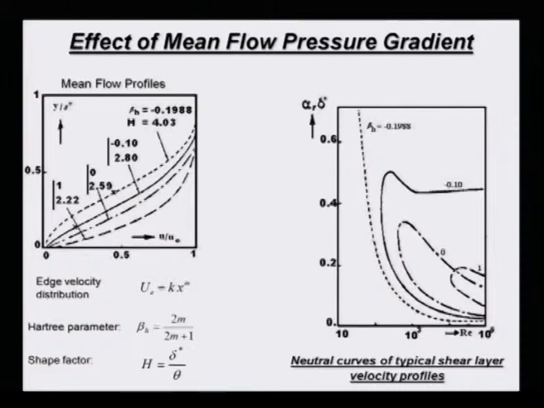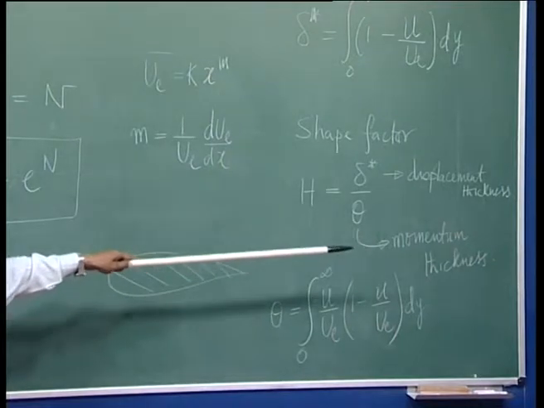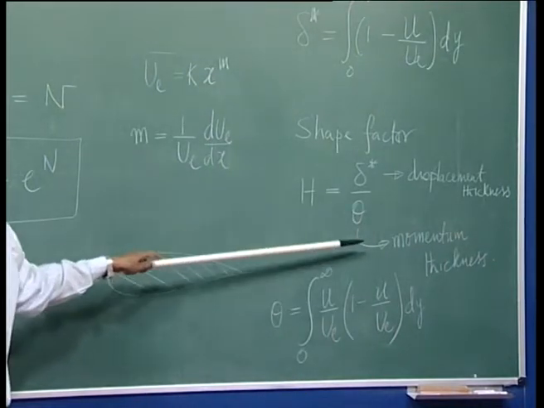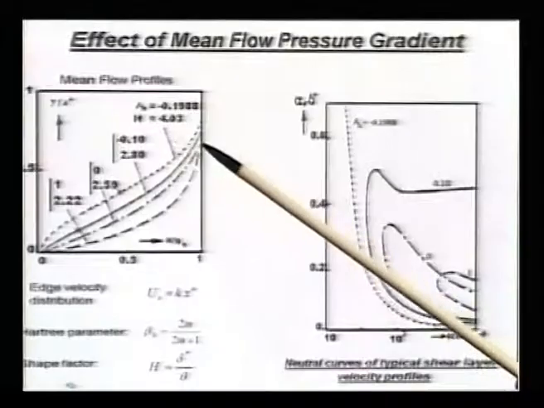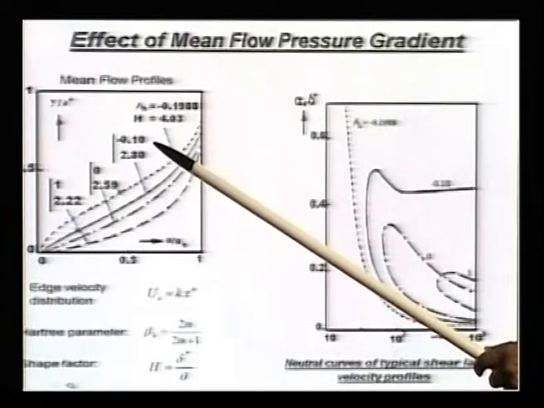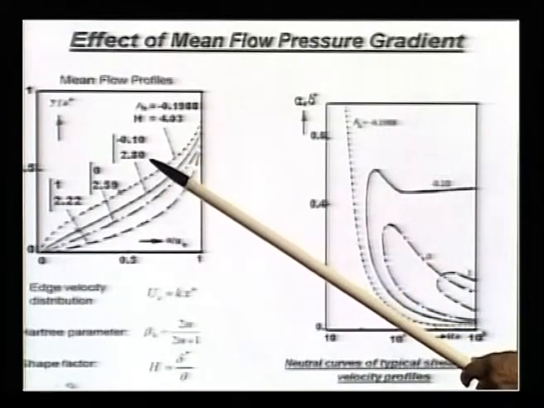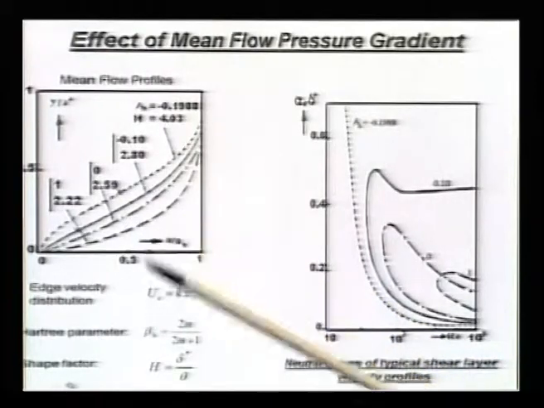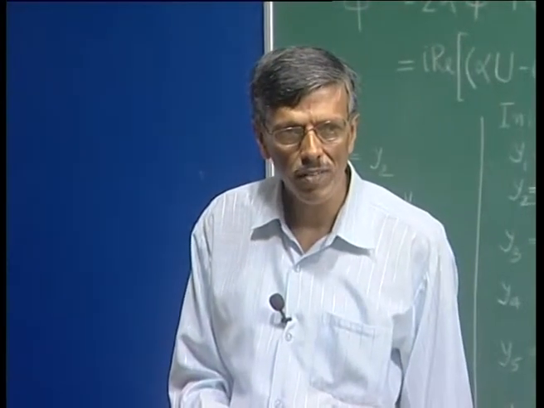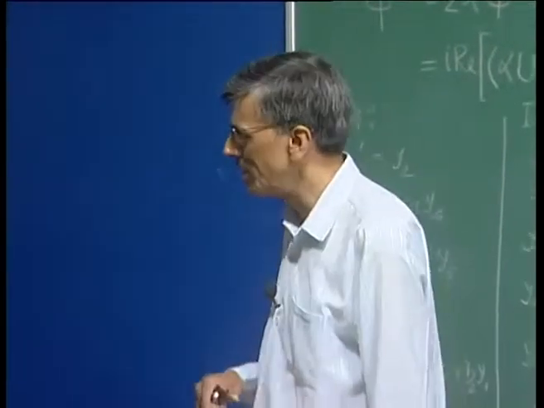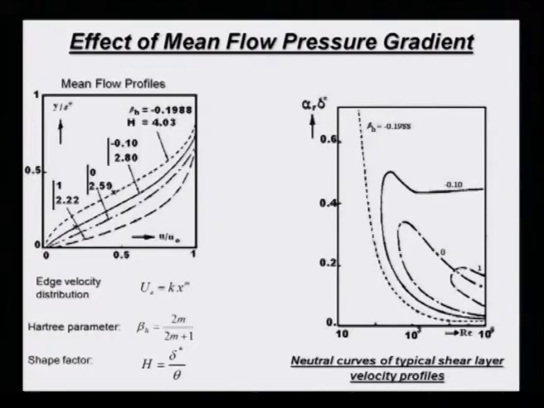So, the numerator increases, the denominator does not keep pace with that. So, overall h actually increases. That is what you are seeing: m has become negative, so you have adverse pressure gradient and h has increased. The other scenario, of course, would be the case where m is positive, and then the corresponding value of h will be lower.